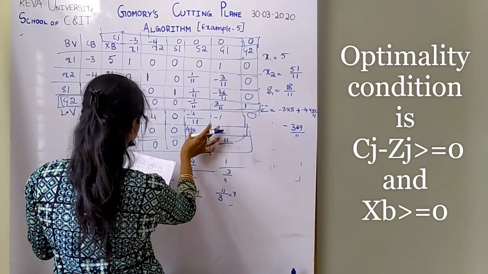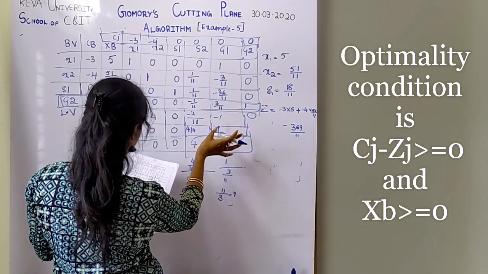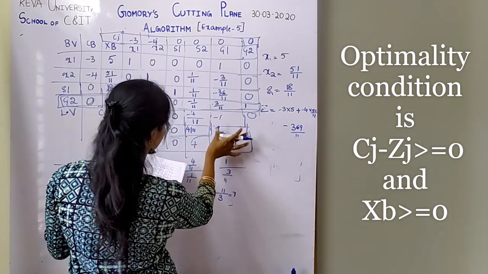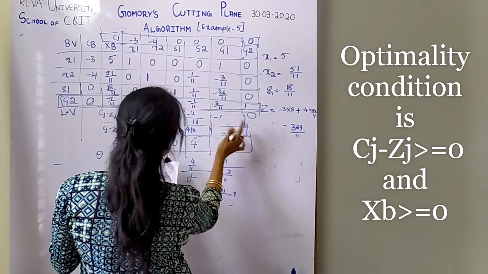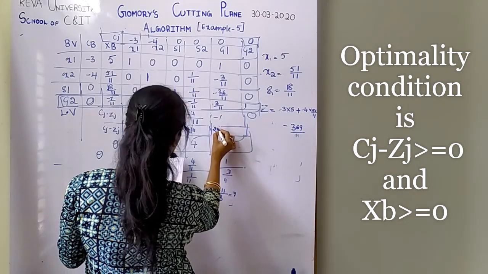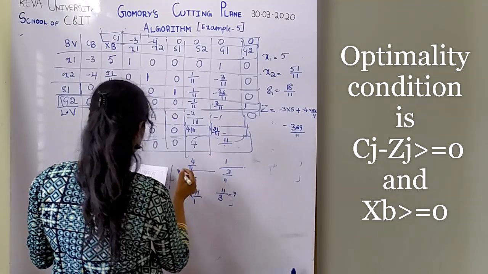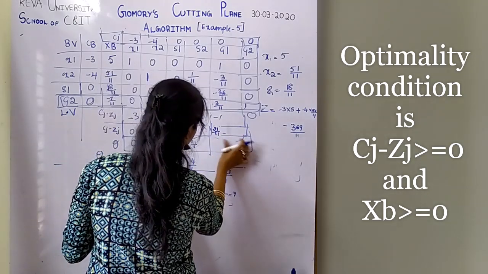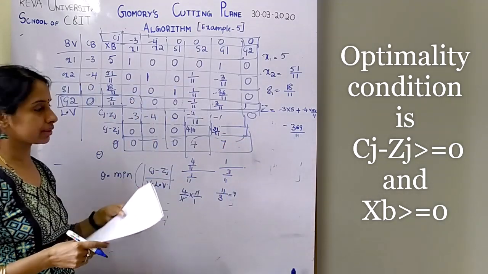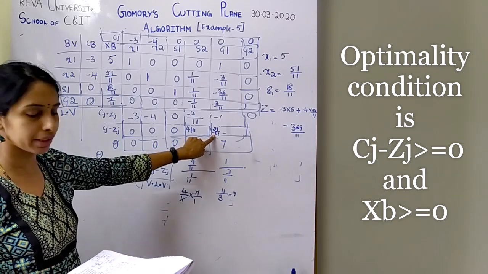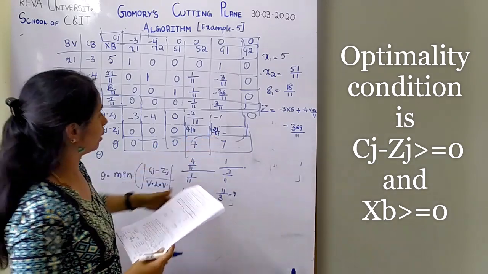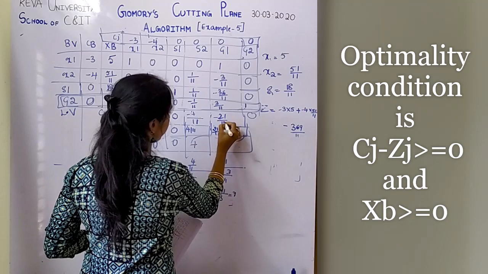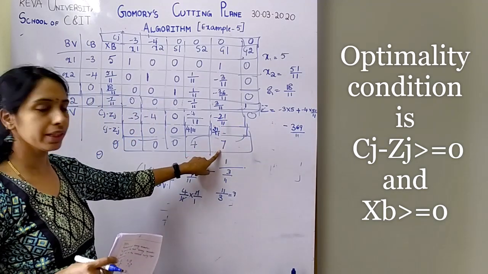So here you will get 4 by 11, this is correct, and here, just cross check again, you will get 21 by 11. So here you will get 4 and here you will get 7. Just check again, you will get here 21 by 11, and here you will get actually 7.